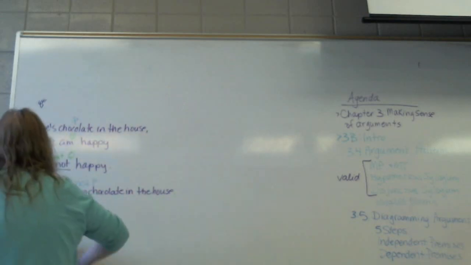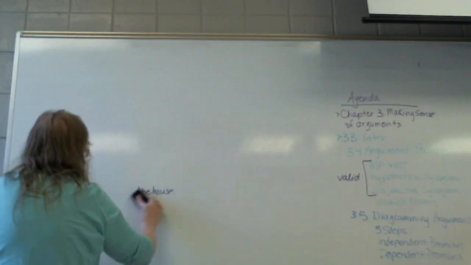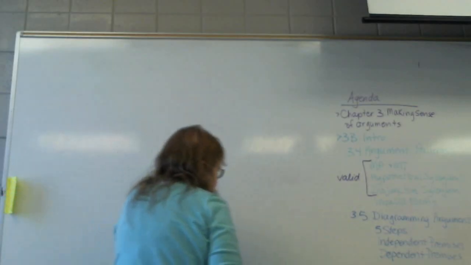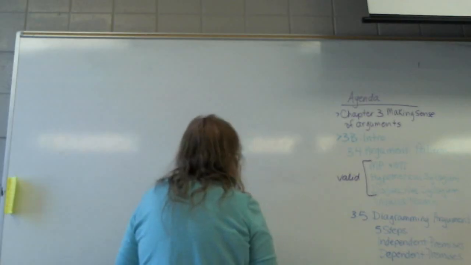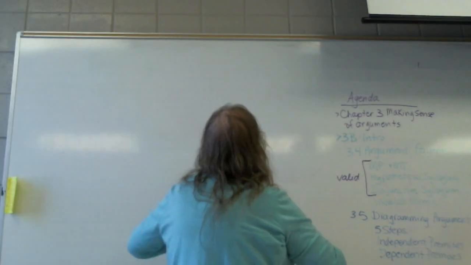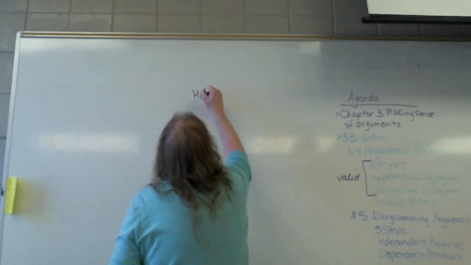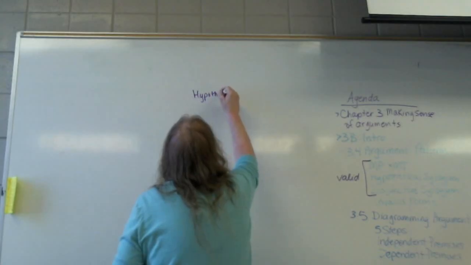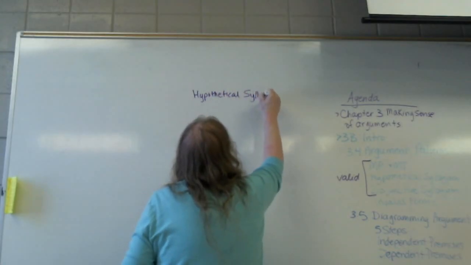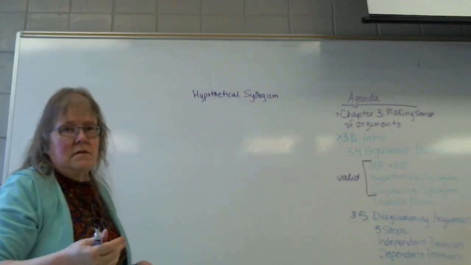And they're both syllogisms, but they're very different. One is all conditional, and the other is a different format totally. So, what do we got first? Hypothetical syllogism. Okay, so hypothetical just means conditional as well.